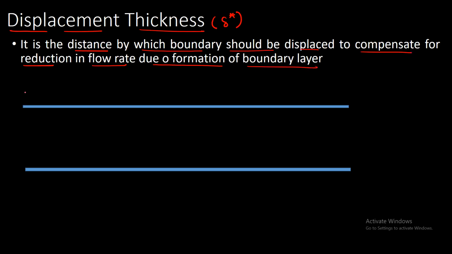Just imagine we have two stationary rectangular plates like this, and the air flows between these two plates. Initially we have the uniform velocity for the air particles. As the air enters between these plates, the boundary layer is like this. This dotted line is the boundary layer.